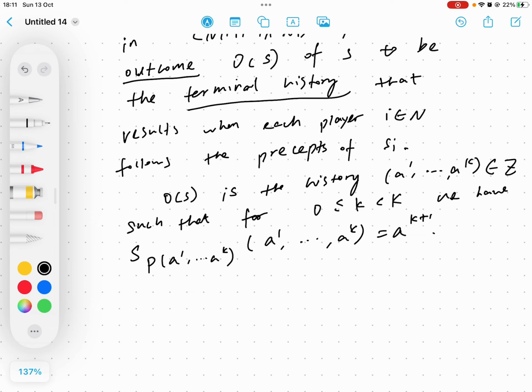Okay. And also in a strategic game, we could define a mixed strategy to be just the probability distribution over the set of pure strategies, right?